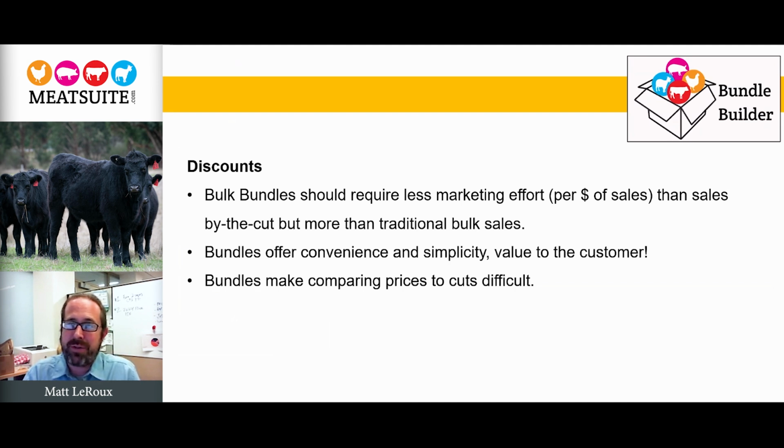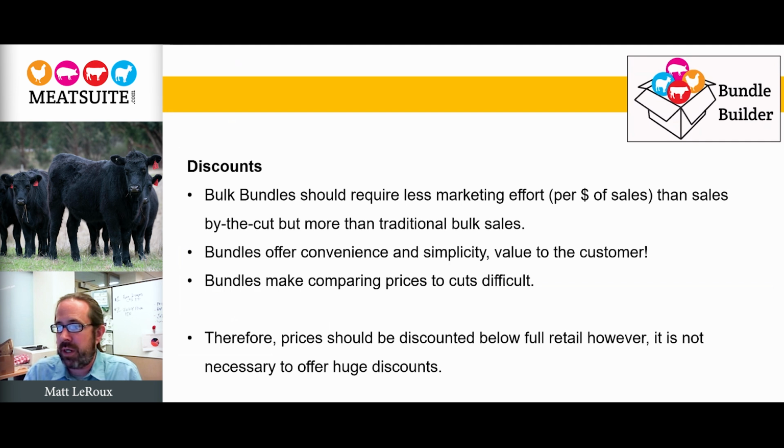Another reason why you don't have to offer very large discounts is because bundles make it really difficult to compare prices. They can't necessarily whip out a calculator and start trying to figure out what the size of the discount is. It makes it difficult because you've kind of disguised all your prices for individual cuts in that one single price.